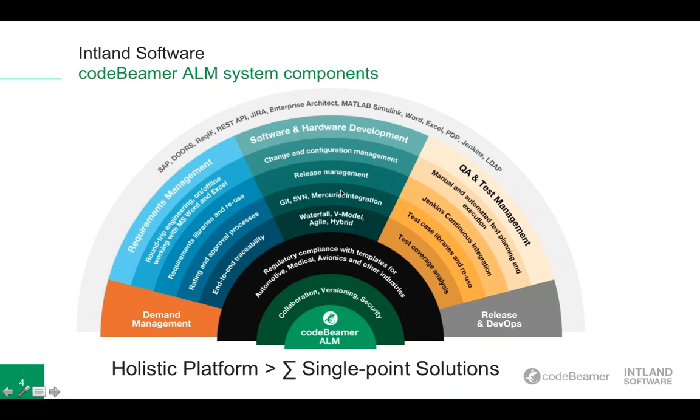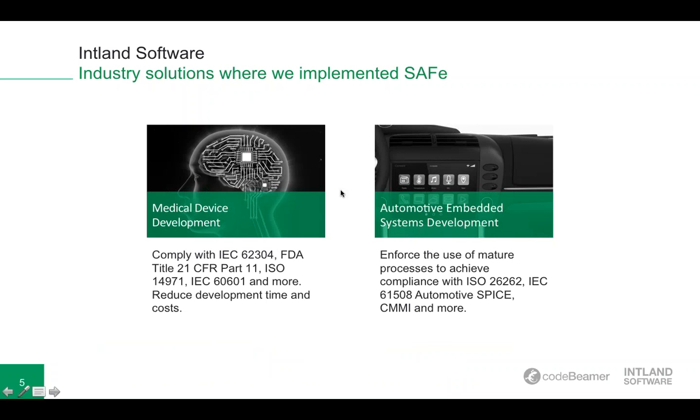Besides that, I would like to talk a little bit about one question, how to manage or use the Scaled Agile Framework in regulated industries and industry solutions. Many of our customers have to comply with standards, industry solutions, and regulations.